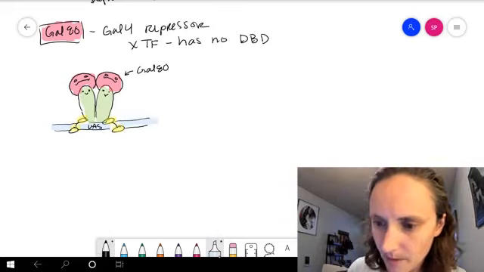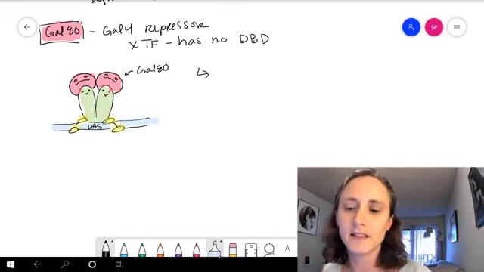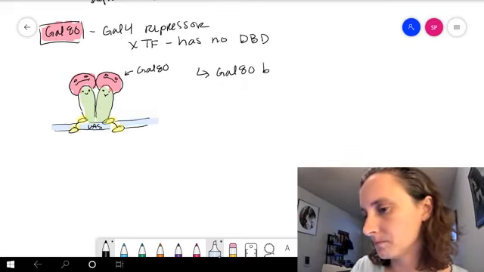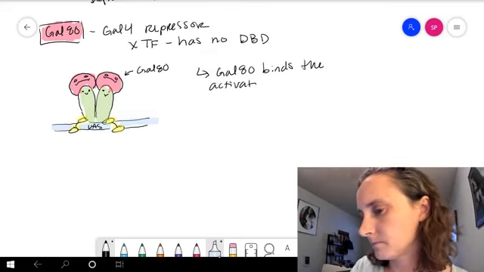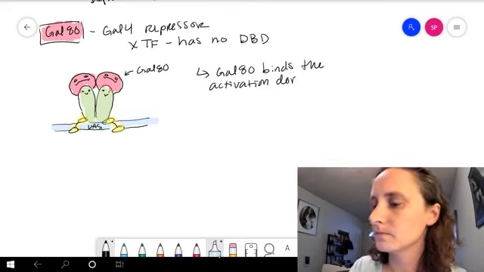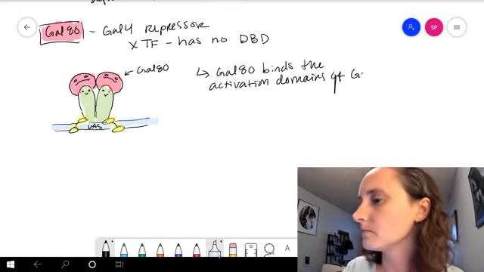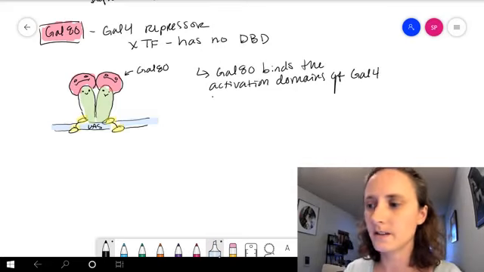And so what happens is Gal80 binds to and masks the activation domains of Gal4. So they cannot activate.